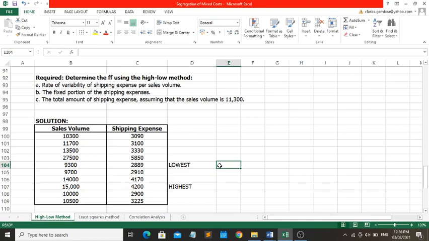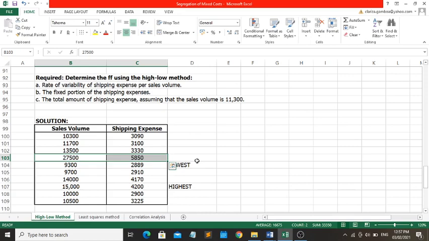Bakit? Kasi hindi sila magiging good representative netong mga information or data na ito. Kailan lang ba nagkakaroon ng extremely high and extremely low na mga expenses na ganyan? Halimbawa, nagkaroon ng seasonal, di ba? Seasonal days?